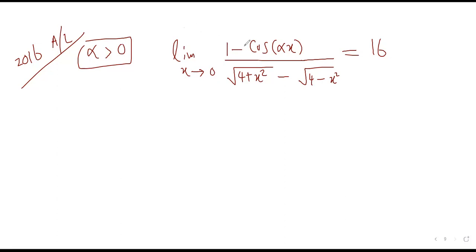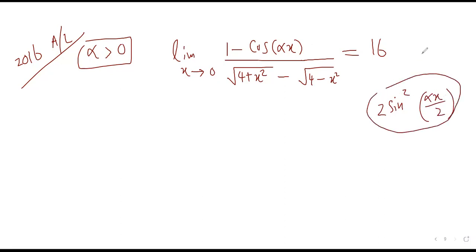In a previous question, 1 minus cos alpha x. You can either multiply by both conjugates of the numerator and denominator, or you can take 1 minus cos alpha x using half angles, 2 sin squared of alpha x over 2.